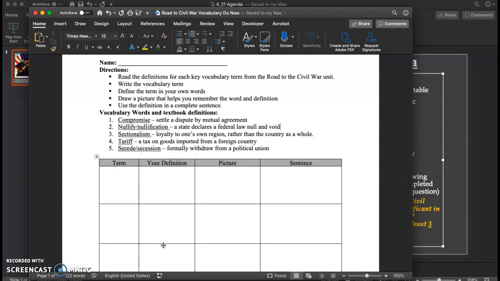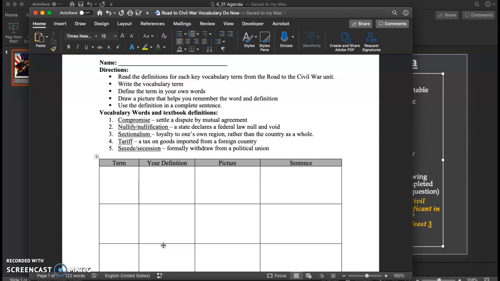Your next word is sectionalism. Sectionalism is loyalties to one's own region rather than the country as a whole. So as we learned previously, the sections of the country were the North, the South, and the West. So somebody identifies more as a Southerner than they do as a member of the United States. The next term is tariff.